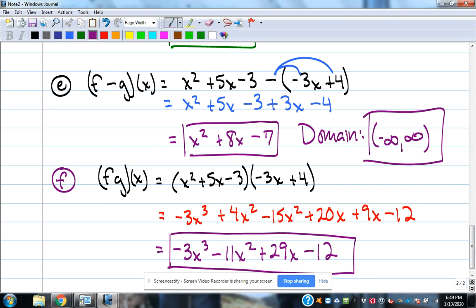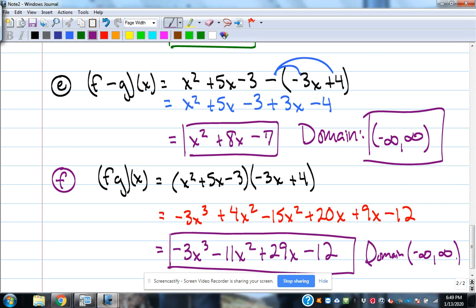Okay. What's the domain of that? All real numbers again. No red flags on this so far.